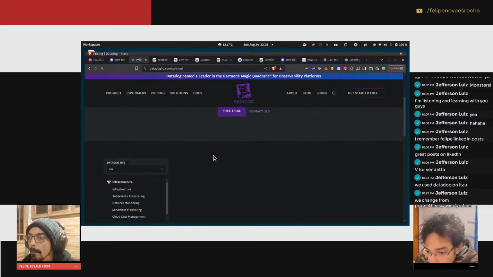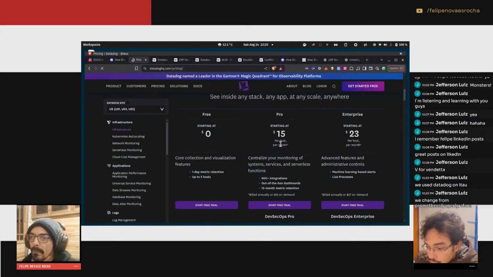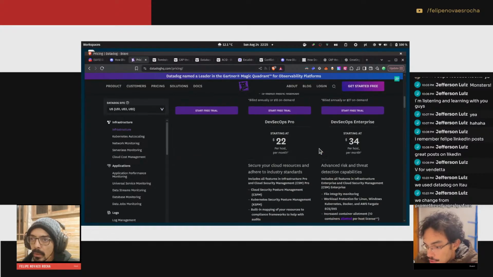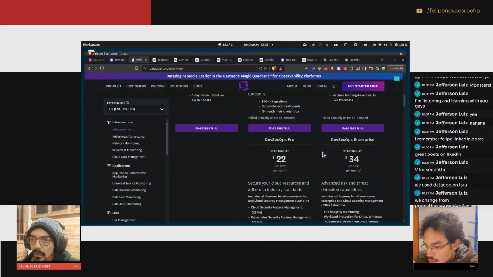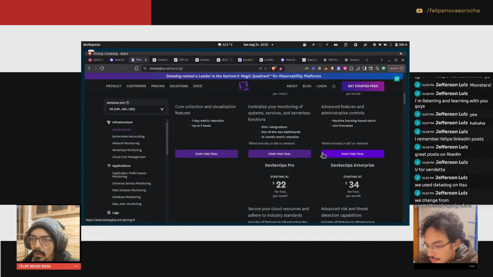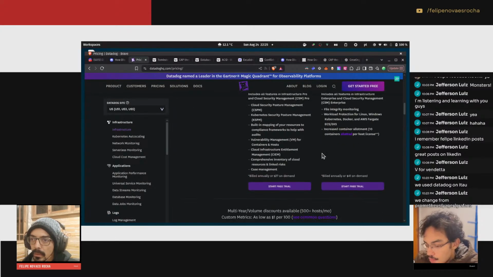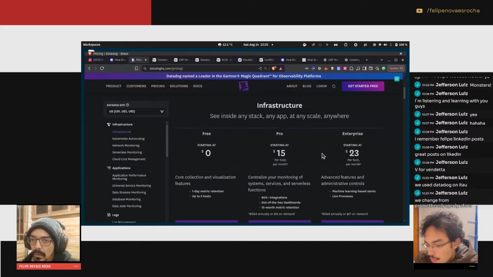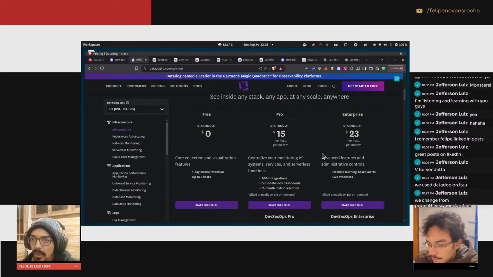Pricing. Centralized monitoring. Machine learning. I think compared to Grafana, that one should be better, right?